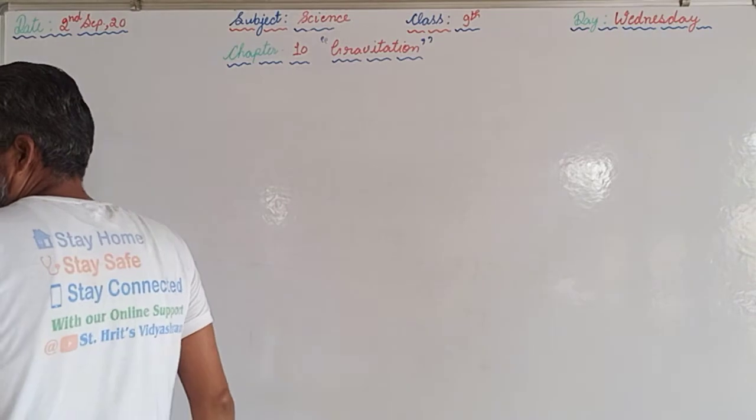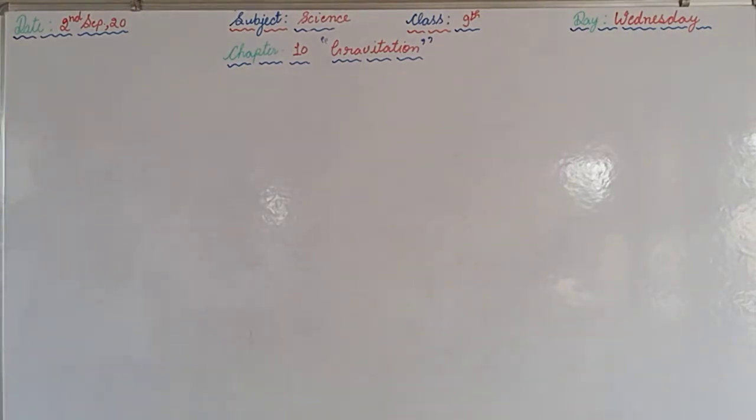Now we have to write the formula to find the magnitude of the gravitational force between the earth and the object on the surface of the earth.